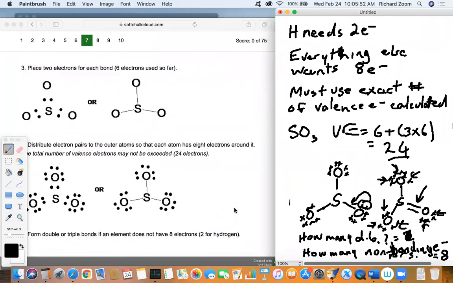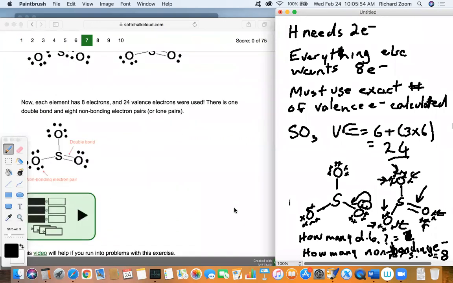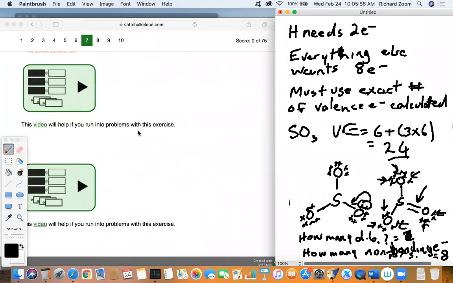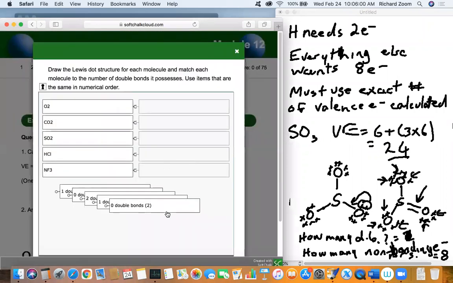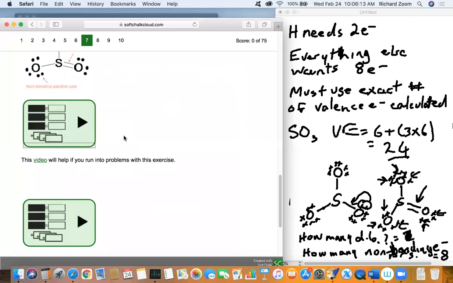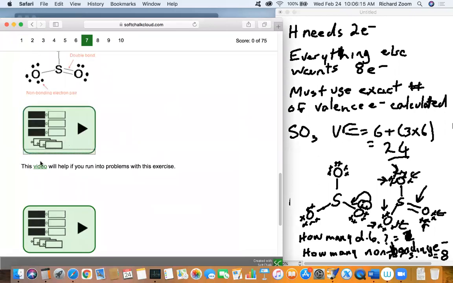So I want to point out here a fairly neat exercise, and that's this one. It's kind of like a matching exercise, and it requires you to draw all of these different Lewis structures and then figure out how many double bonds there are. And what's really cool about this is there's a video that you can click on that will actually help you with that specific assignment.